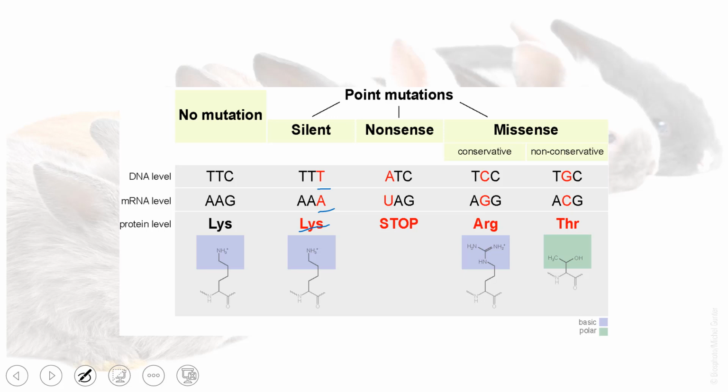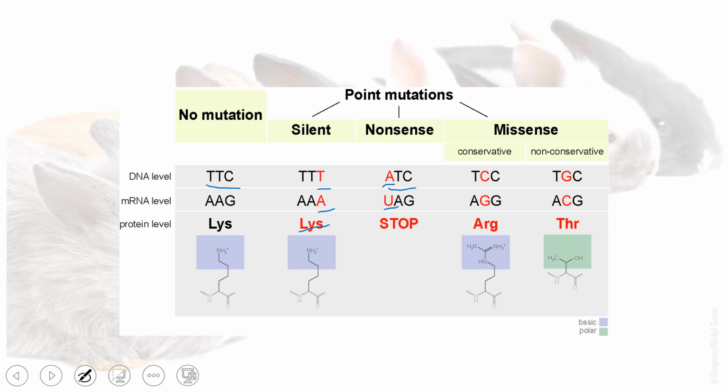Here you have a nonsense mutation in which, let's say that this adenine was mutated into a uracil. So here's the DNA mutation. Originally it was TTC, which ultimately would be translated into lysine.